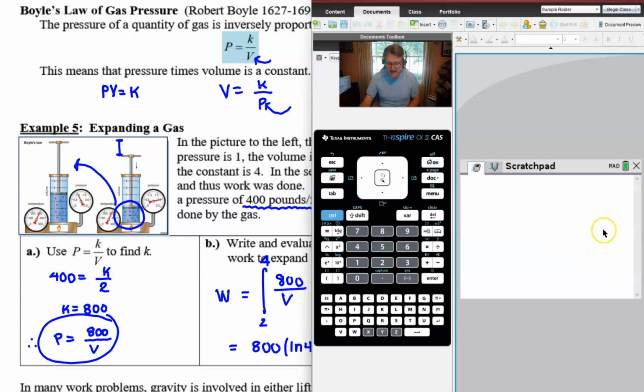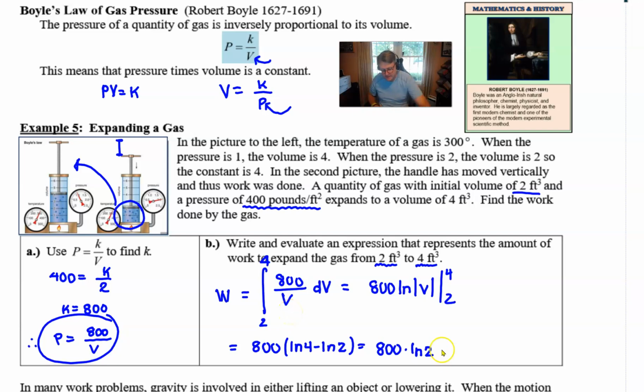Just off to the side here, I'm going to type in 800 times the natural log of 2, and that's going to spit out 554.518. And so 554.518 is going to be a 3 decimal approximation. The only thing that we're missing here is our units.